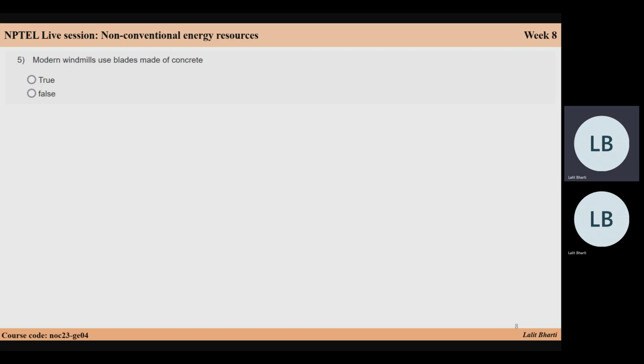Next question: modern windmills are made of concrete. It is very easy to understand that concrete will not be a suitable material for windmill blades, because blades should be light and strong.